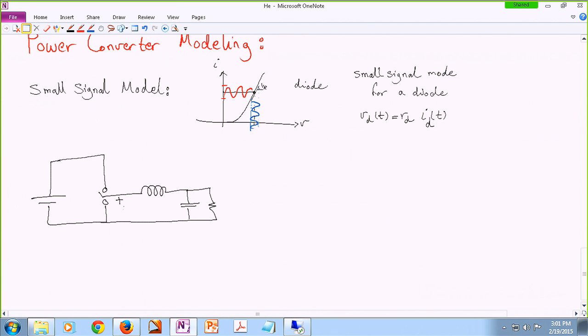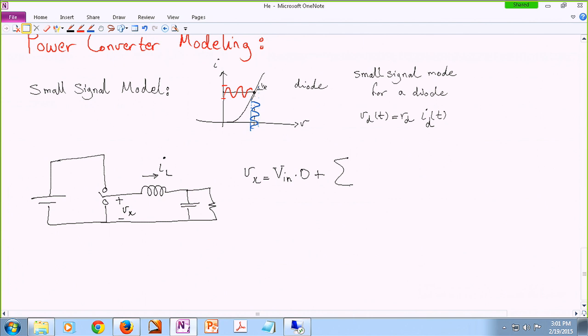I label this signal Vx and IL. We just did some Fourier analysis and we realized that, for instance, Vx could be described like this: a DC component, which is Vin times D, where D is the duty cycle, and a bunch of higher order harmonics.